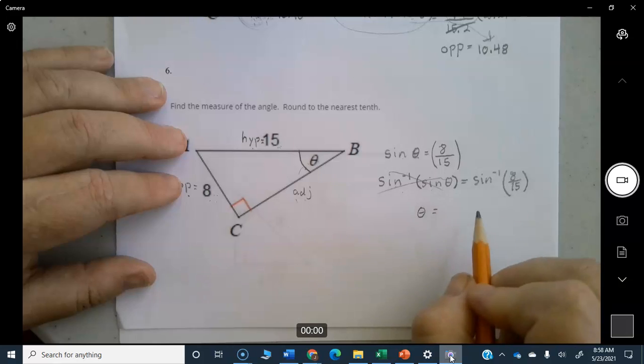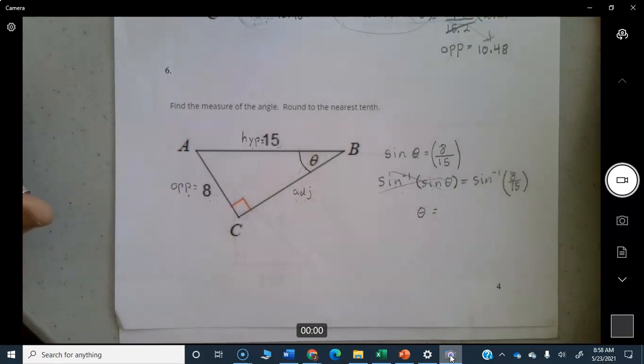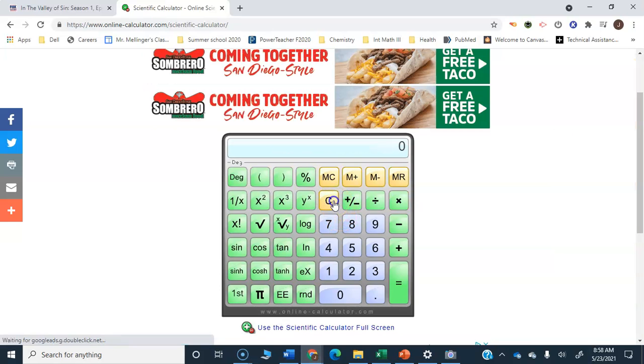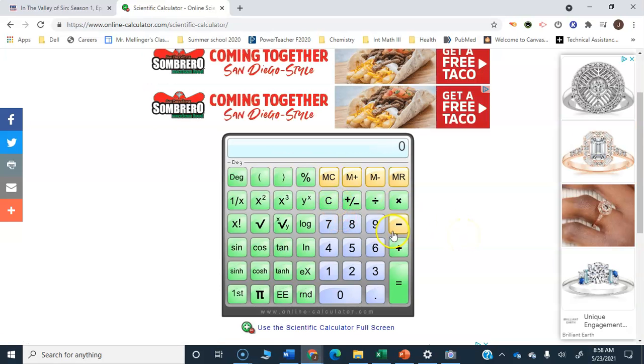Now we go to the online calculator to find that. So it's inverse sine of 8 over 15. First on this calculator we do 8 divided by 15. We get this. And now we go down to the first function, click it onto the second, and go up here.